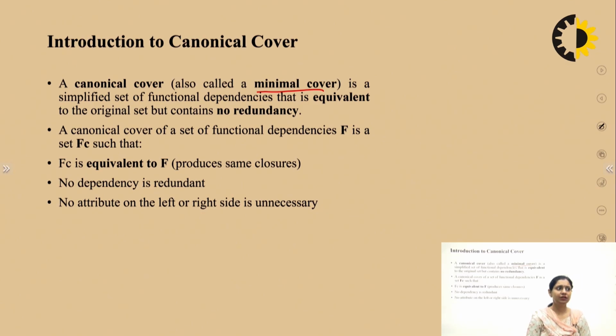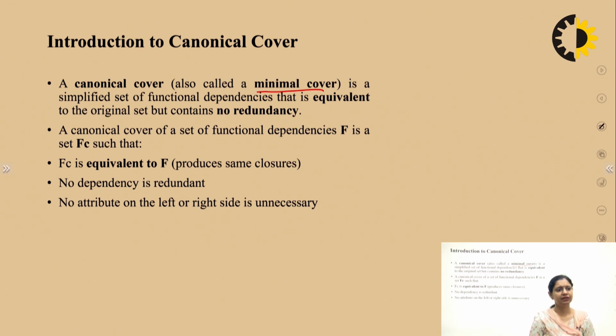So, if we look over here, a canonical cover of a set of functional dependencies F is a set FC such that FC is equivalent to F. That means whatever functional dependencies are given to us, those functional dependencies are preserved even after finding out the canonical cover. Number two, there is no redundancy in the functional dependencies.